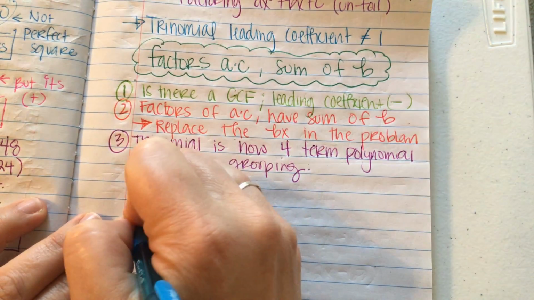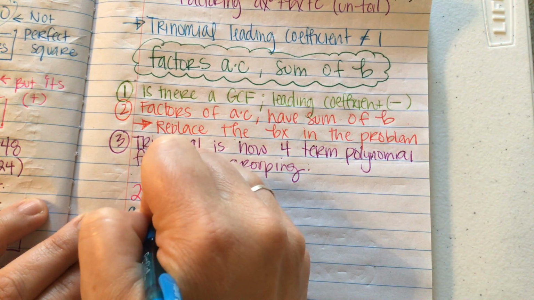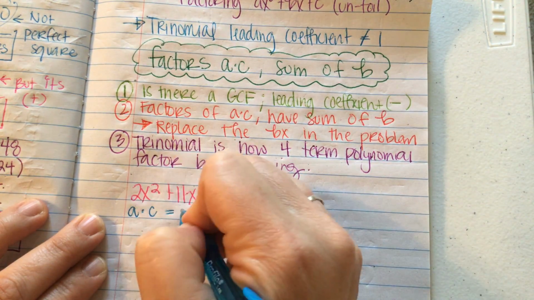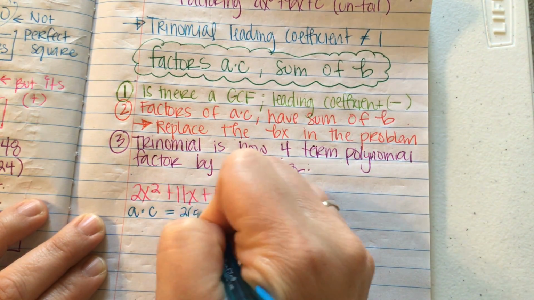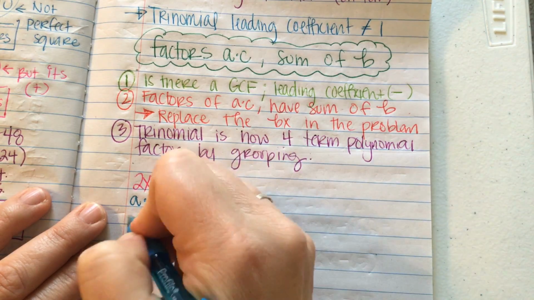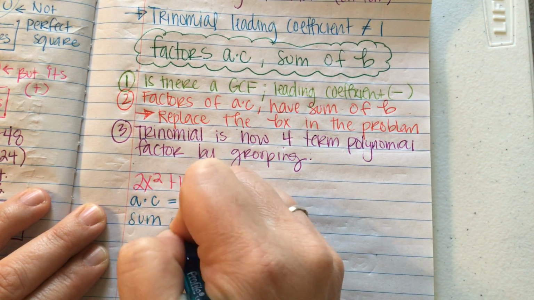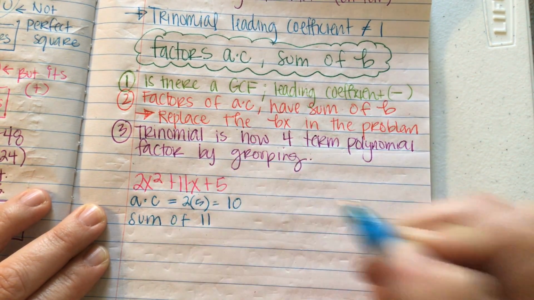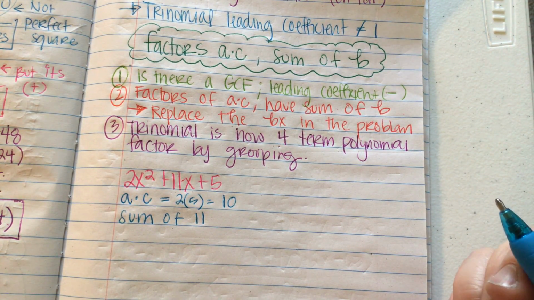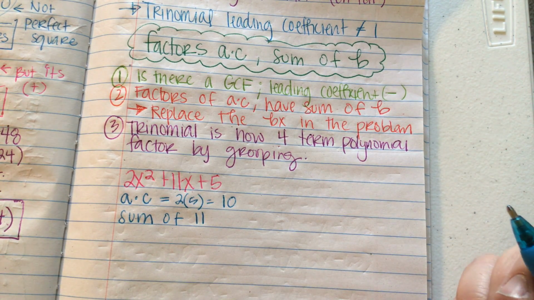So I'm looking for factors of A times C. A times C is 2 times 5, which is 10. So factors of 10 that have a sum of 11. What times what makes 10, but when you add it, you get 11.